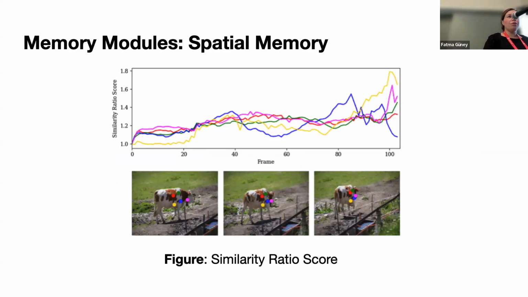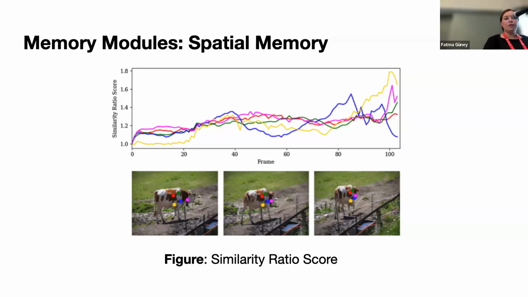Now we compute the similarity of both to the ground truth and take the ratio, okay? This is a way of quantifying the increase in the similarity after the update. If we have a similarity ratio score greater than 1 over the frames for different tracks, then it means that we are able to increase the similarity to the ground truth location on the target frame using the spatial memory.